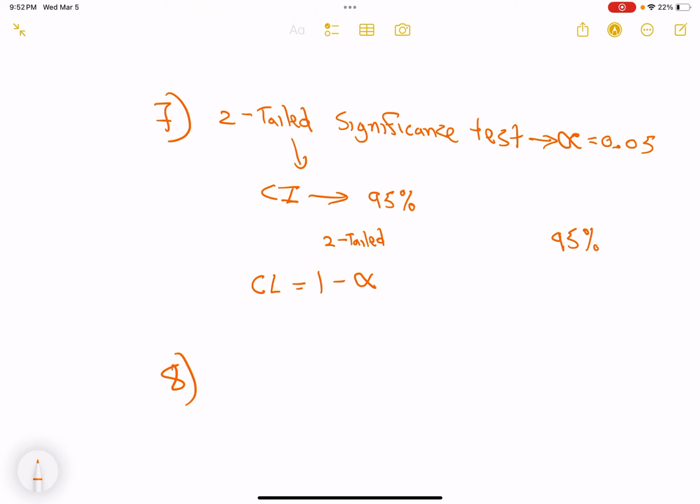If we're talking about a 95% confidence interval or a two-tailed significance test with an alpha of 5%, we would expect 95% of the time to capture the truth, whatever that truth is, be it a mean or a proportion, and the other 5% of the time to fail to capture it. So keep that in mind. Those are two different ways that that same idea can be talked about.